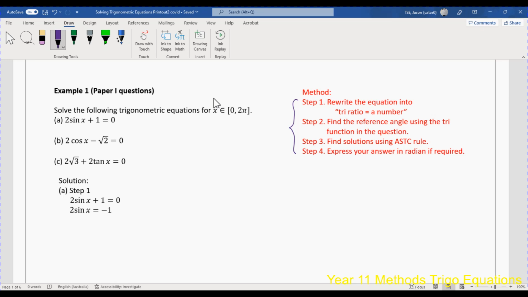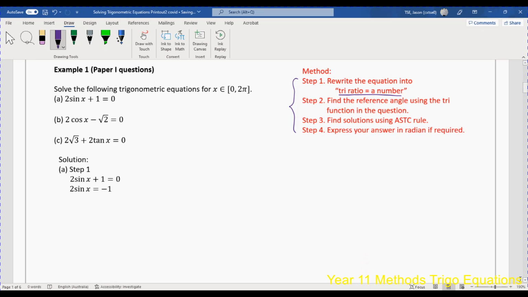For A, 2 sine x plus 1 equals 0. First of all, you need to write that equation into a format like a sine ratio equals a number. So I will try to move the numbers to the other side.